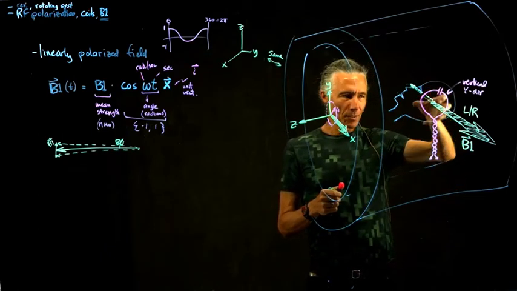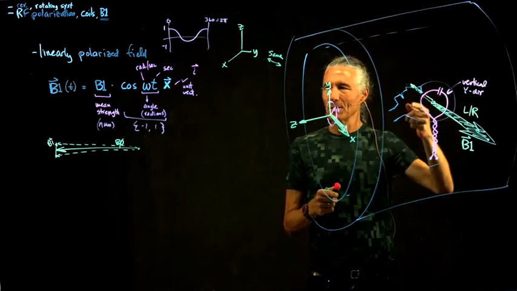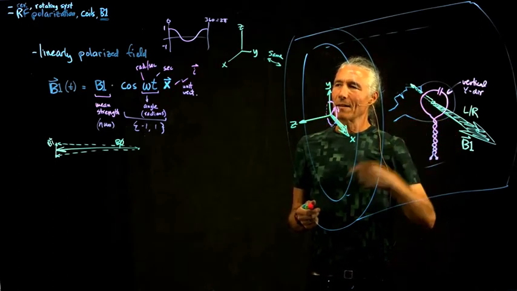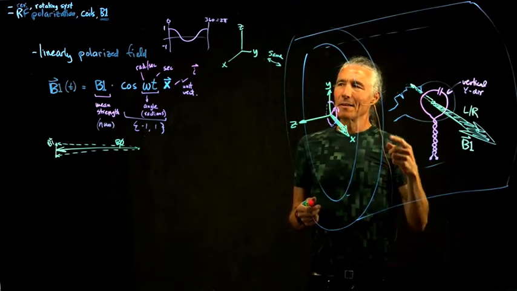Basically, the current will just go back and forth in the coil as a result of the circularly rotating proton magnetic fields.